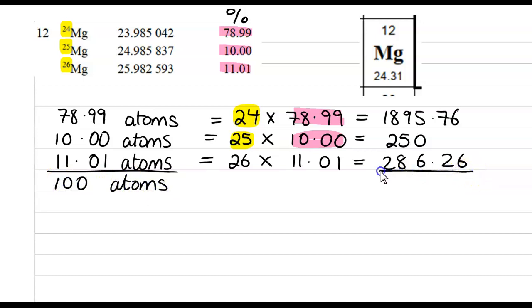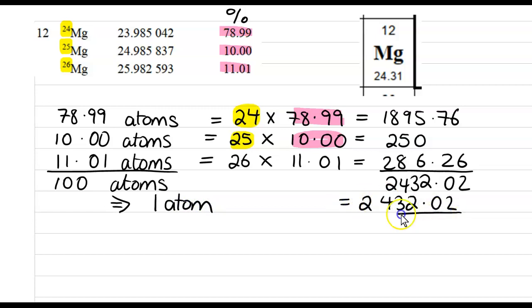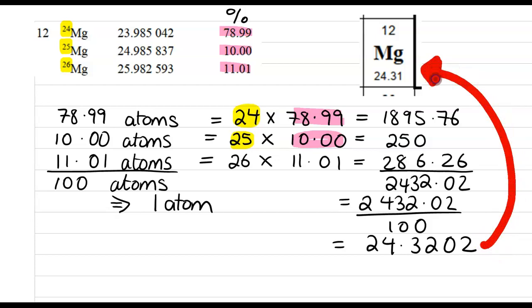Now, adding these up, this will total 100 atoms, and this will total 2432.02. So this implies that one atom would have a mass of 2432.02 divided by 100, which is 24.3202. Now, you'll note it's not exactly what's quoted in the tables book, because there's probably better rounding done.